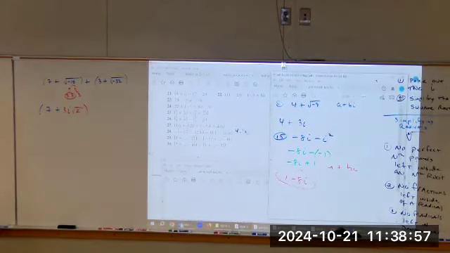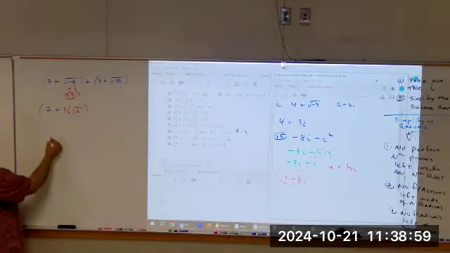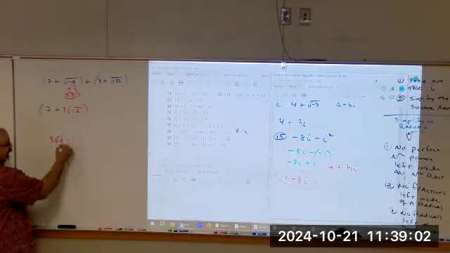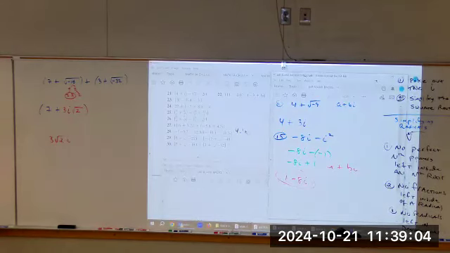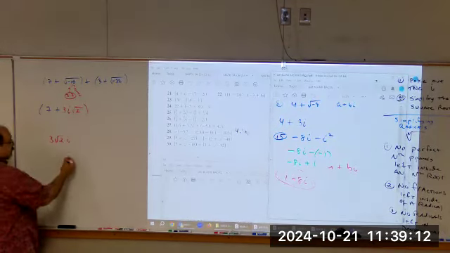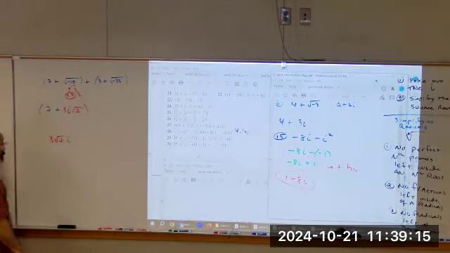Now, here's the book. They're going to write 3 square root 2i. Don't do it. Don't do it. Because it's so sloppy, it's going to look like the i is under the radical when I see you guys write it. And if it's under the radical, it's not the same thing.